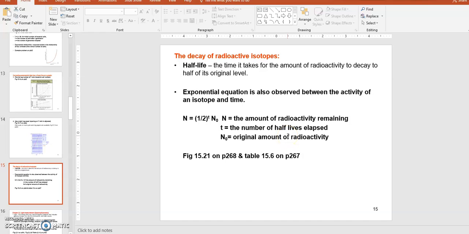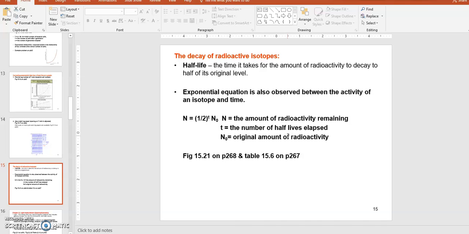Another curved relationship you can get is, what if you have something like this, a decay of radioactive isotope. So radioactive isotope like P32, S35 comes with a strong radiation energy, right? But the thing is, those radioactive isotopes have a certain half-life. Half-life means every given half-life, the radioactivity will reduce to a half.